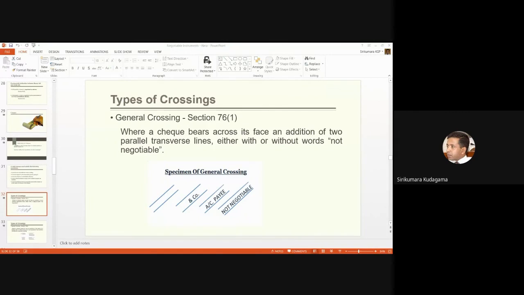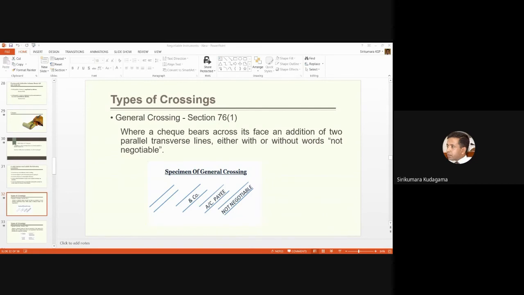One is a general crossing, recognized in section 76(1), which says where a check bears across its face an addition of two parallel transverse lines, either with or without the words not negotiable, it's a general crossing. When you see two transverse parallel lines on the face of a check leaf, you know these are general crossings, right?